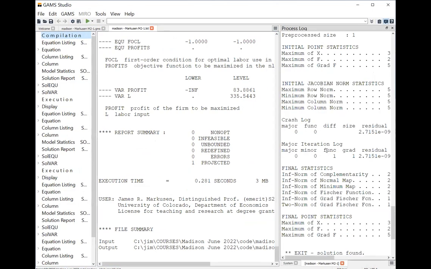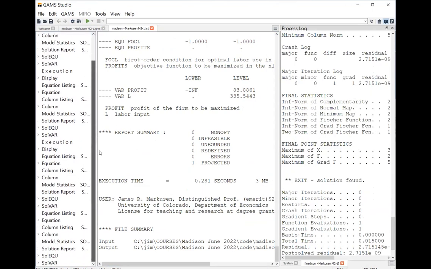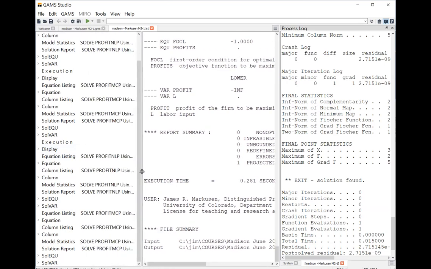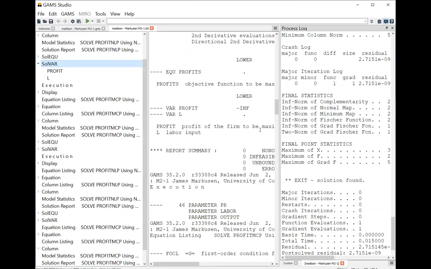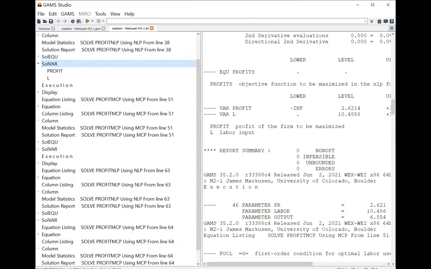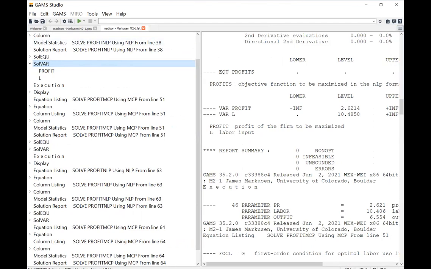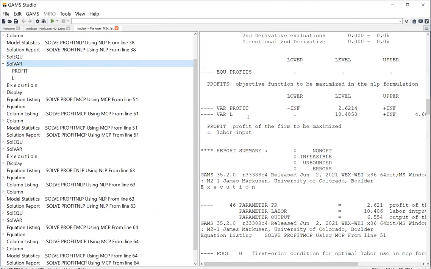Solution found. I've actually solved this model a number of times. What you want to look down for is the solution variables, and that's the profit level and the labor input.